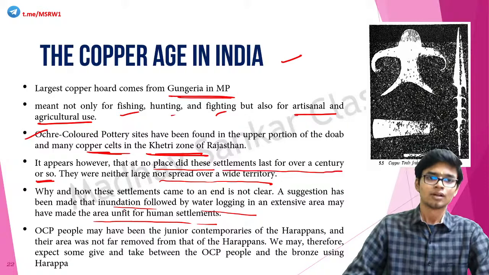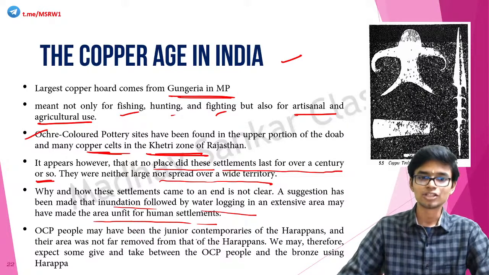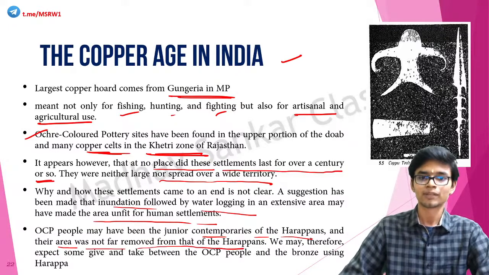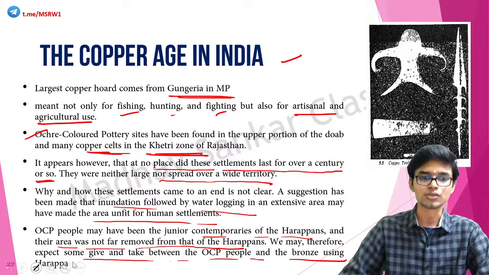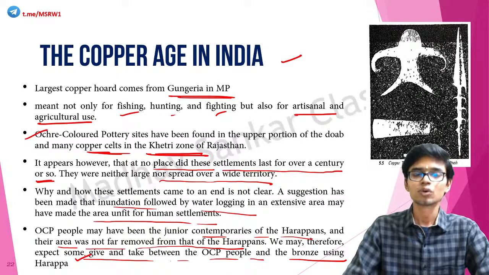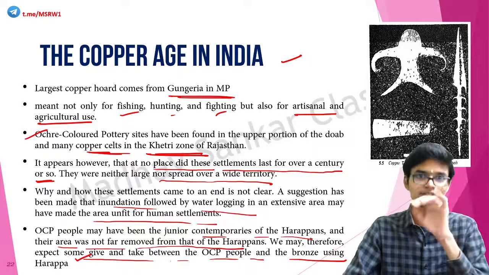But anyway, ochre colored pottery people may have been the junior contemporaries of the Harappans, and their area was not far removed from that of Harappa. We may therefore expect some give and take between the OCP people and the bronze using Harappans. We find a lot of such settlements of Chalcolithic people in and around the Harappan region also.